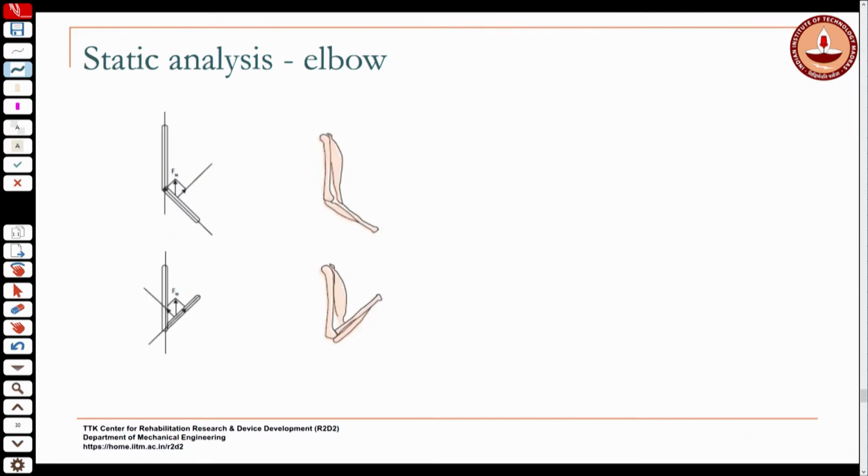If you look at it, the angle at which the elbow is flexed makes a difference in the effectiveness of the muscle force.